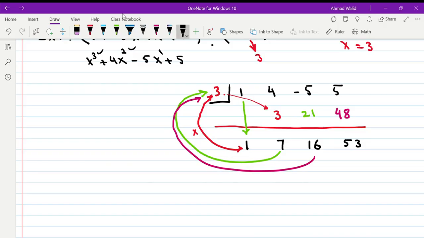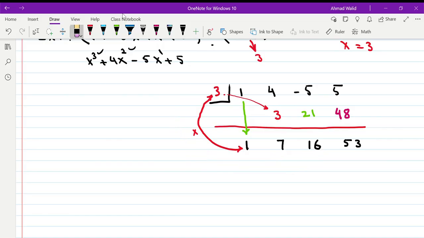Focus again. Let me first remove these arrows to clean a little bit here. The first number is the coefficient of whatever the polynomial starts with.